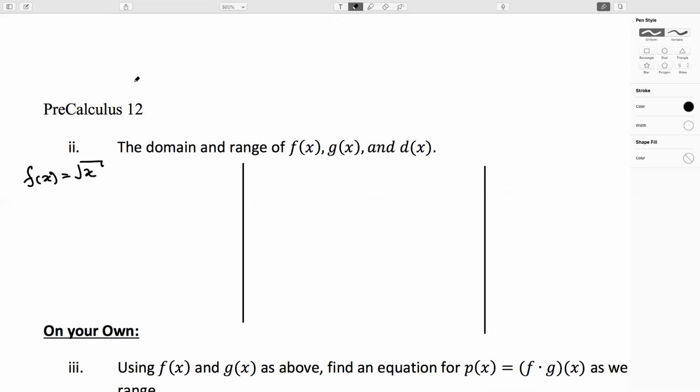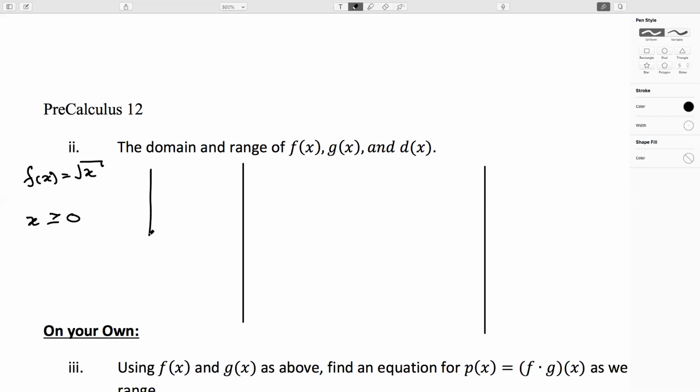If you think about the domain, that's all possible x values. That's going to have some restrictions because we can't have negative numbers in there. So x is going to be greater than or equal to 0. That's our domain.